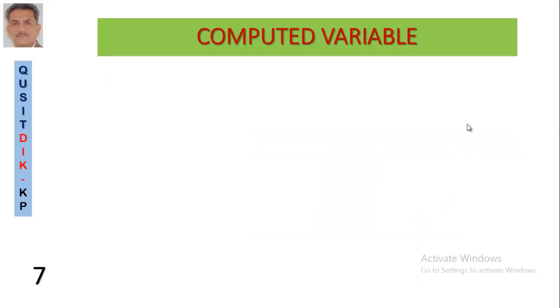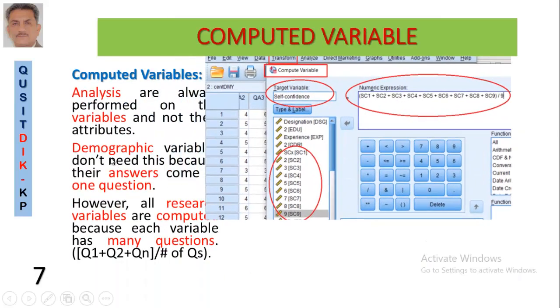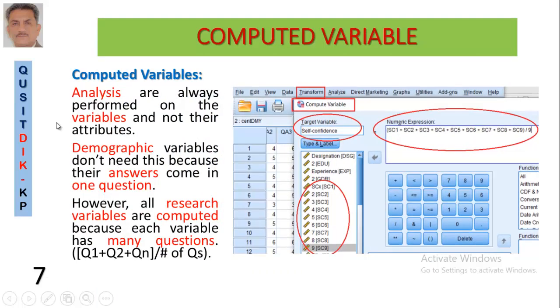When we say computed variables, it means that analysis is always performed on the variables and not their attributes. Demographic variables don't need this because their answers come in one question. However, all research variables are computed because each variable has many questions.